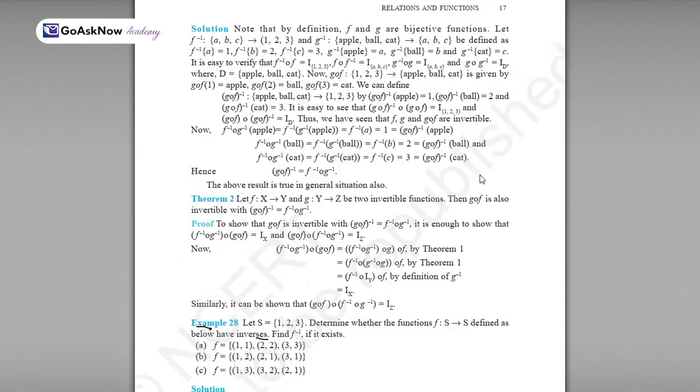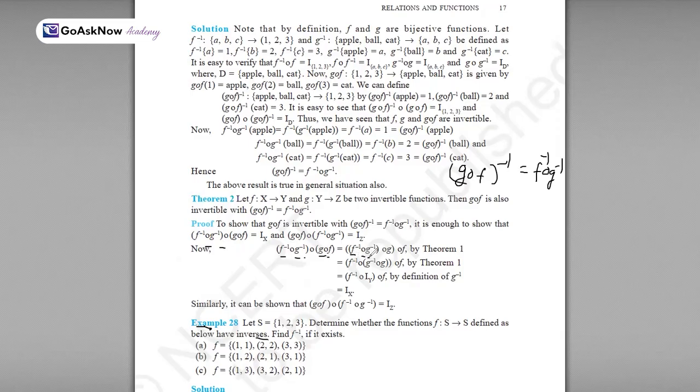Its proof is also given here: if you take (f inverse o g inverse) o (g o f), then it will come like this.